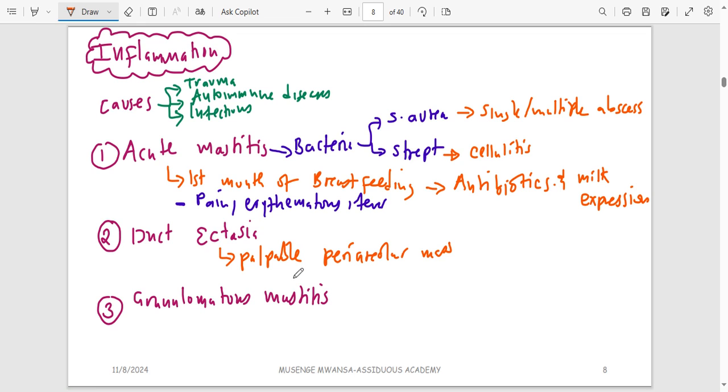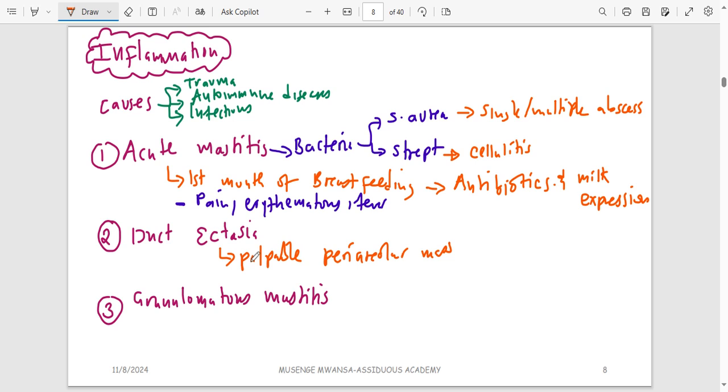Okay, so what you are going to see is the cause here is basically an obstruction to the duct, or the duct has been destroyed, or maybe there is inflammation or fibrosis. So those are the possible causes of the duct ectasia.